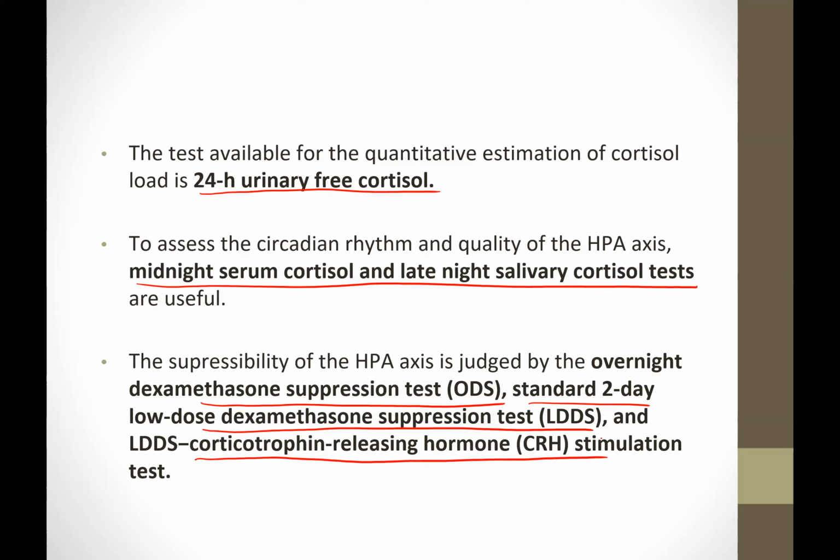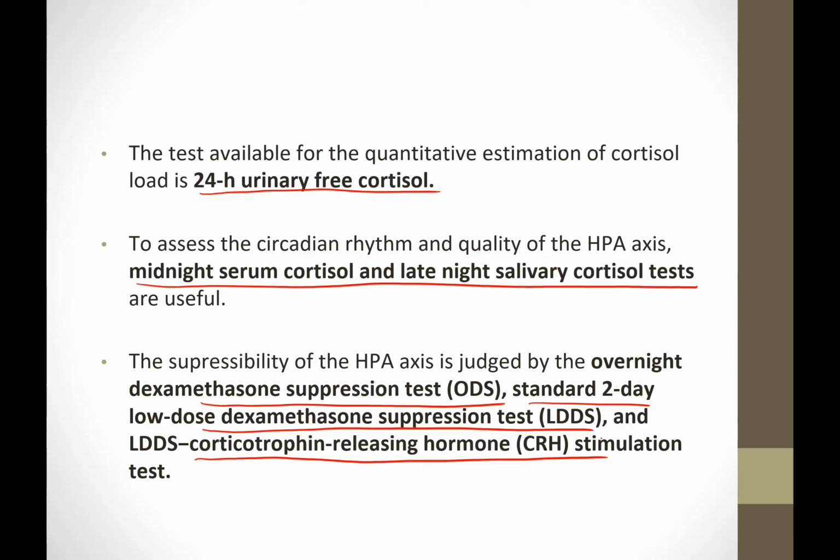You have to have a second test, and the second test should not be the same one. You can repeat the test again, no problem, but you have to add an additional test like the ODS, or overnight dexamethasone suppression test, or a standard low-dose dexamethasone suppression test. Very rarely you may require LDDS with CRH, or you have to resort to petrosal sinus sampling at a later stage.